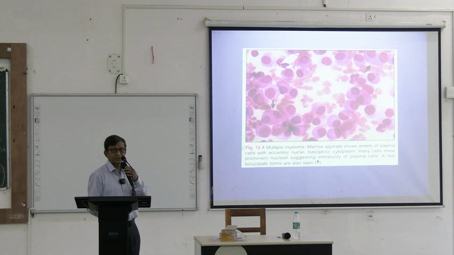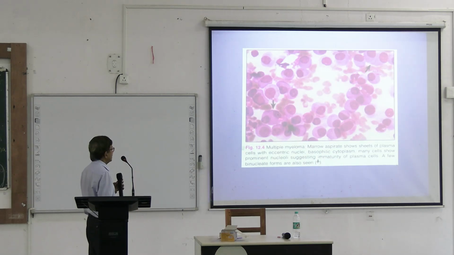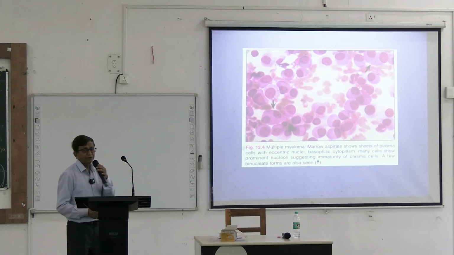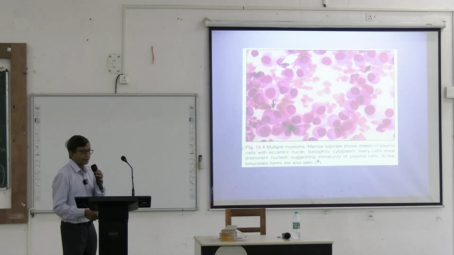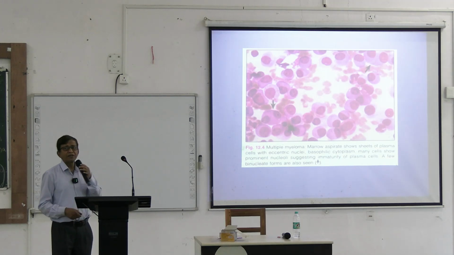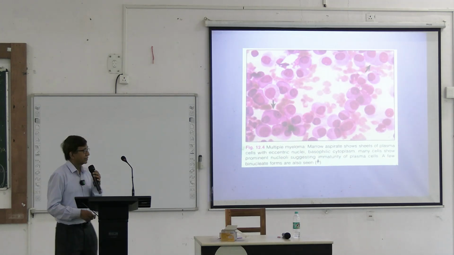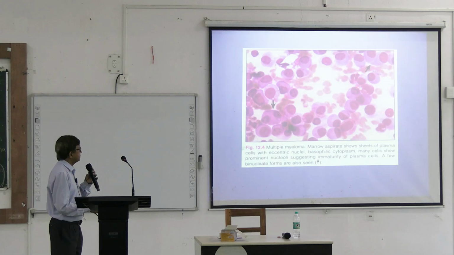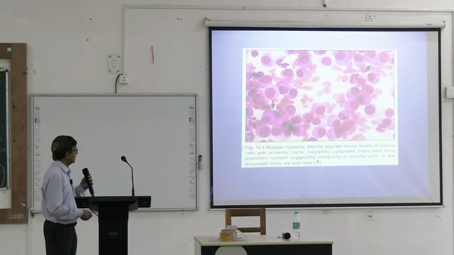This is almost the end of the class. Just focus your attention on these cells. Can you identify from my class why this is abnormal? Cells are very, very big. Cells are eccentric. Cells have got nucleolus.